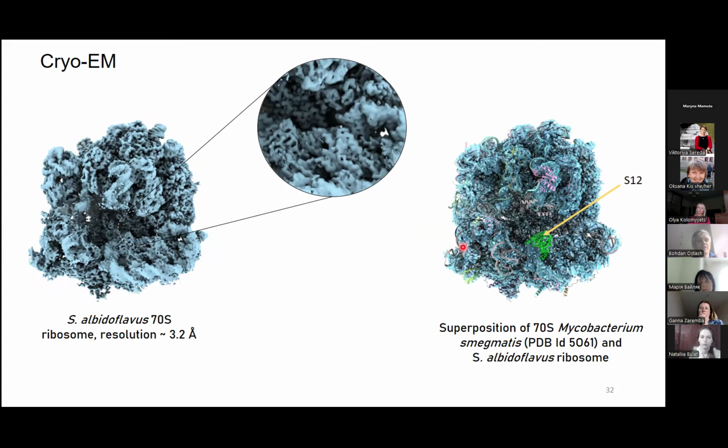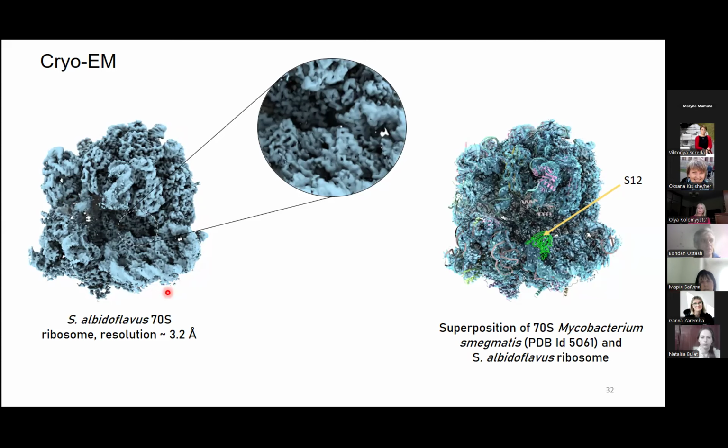It greatly resembles the mycobacterial ribosome, which is expected because Mycobacterium is a cousin of Streptomyces. It's a very close evolutionary relative, the same class of actinobacteria. We hope that as we refine the structure, we will see the tiny details around the S12 protein, and it would give us an idea how a small amino acid change would have such a great effect on the metabolism of Streptomyces.